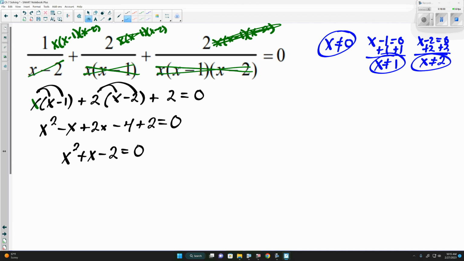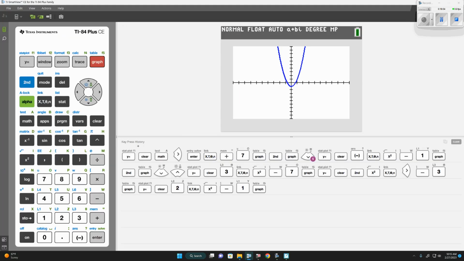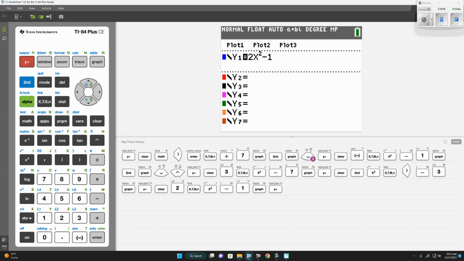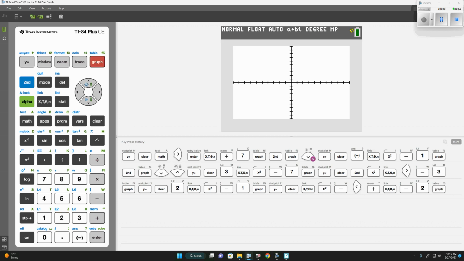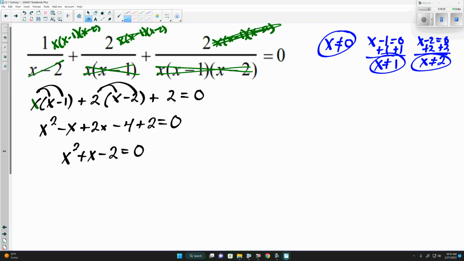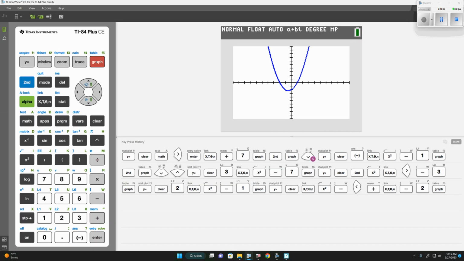Now at this point here, we could factor it, graph it, or use the quadratic formula. I have a feeling if we can graph it, I would prefer graphing. X squared minus 0 plus x minus 2, yes? Yep, plus x minus 2. We get this here. So does it cross at 2 nice points?